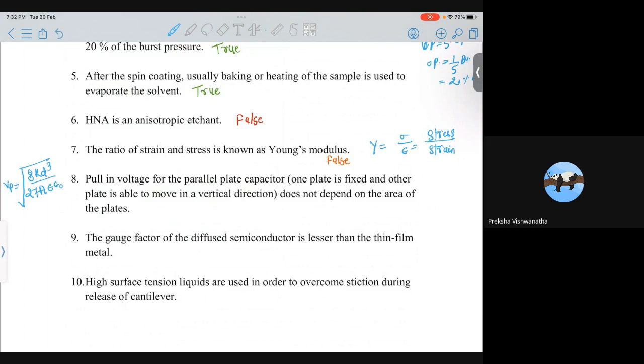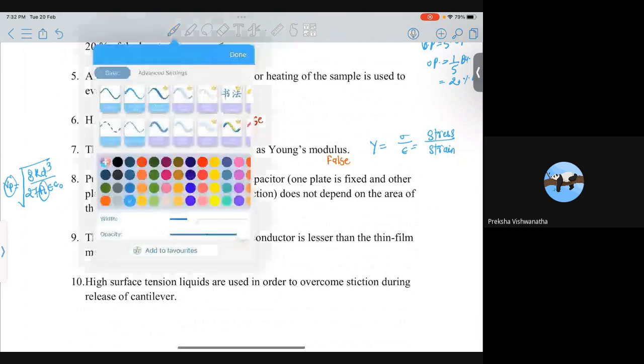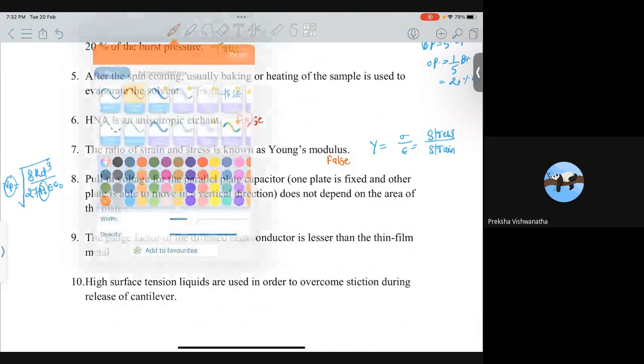So they're saying the pull-in voltage for the parallel plate capacitor does not depend on the area. As we can see from the formula, it depends on the area. So this statement is false.